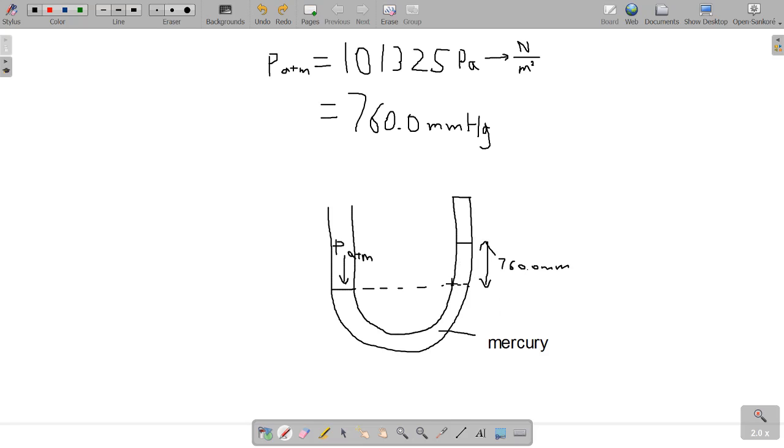Basically the pressure here is supposed to be equal to the pressure here. So the pressure here is atmospheric pressure. The pressure here is the same, which is 760 millimeters of mercury. This is another way to measure atmospheric pressure.